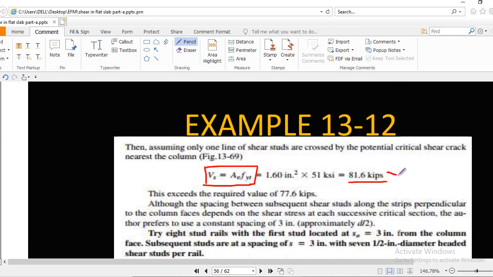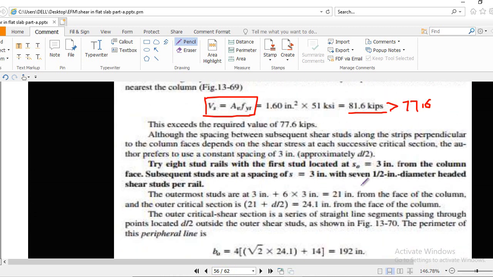So 81.6 exceeds 77.6. So our design is okay. Clear? And we will use spacing of 3 inch, and 1.6-inch diameter head. Clear? And 8 studs per row.